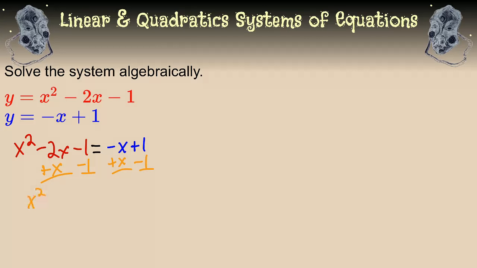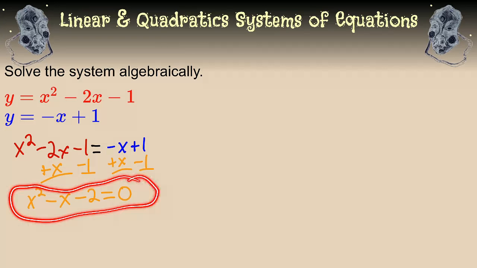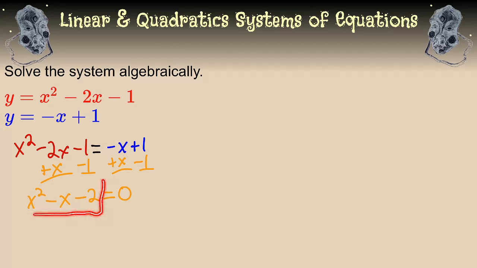So I get x squared minus x minus 2 equals 0. Now here, when I look at this equation, I notice that it can be factored. And factoring is the quickest way to solve this. You could also use the quadratic formula, okay? But I think factoring is the fastest way to do it.